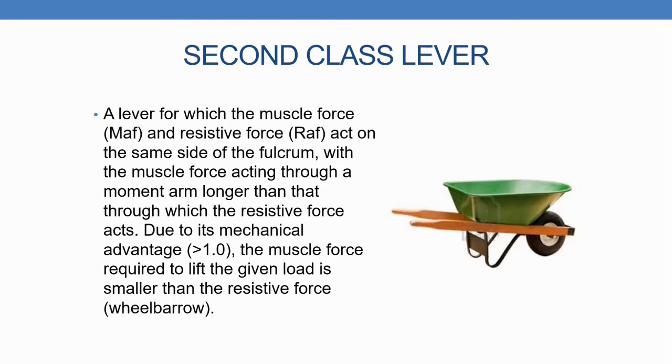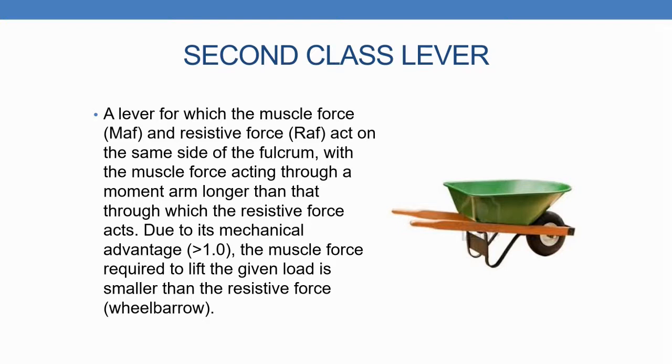It contains 3 components: a fulcrum, which is the wheel; a resistive force, which is the load placed in the bucket of the wheelbarrow; and the applied force that you, the laborer, apply to the handles of the wheelbarrow to move the load. In a second-class lever, the load is placed close to the fulcrum, and the applied force is applied more distant from the fulcrum. When we talk about the human body, we're going to talk about muscle forces.